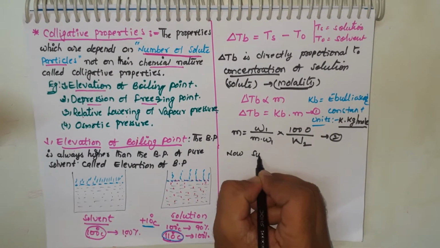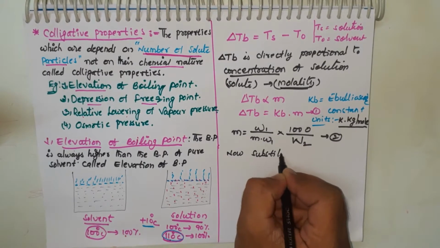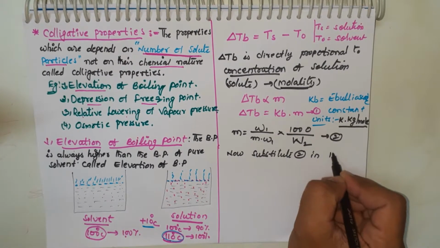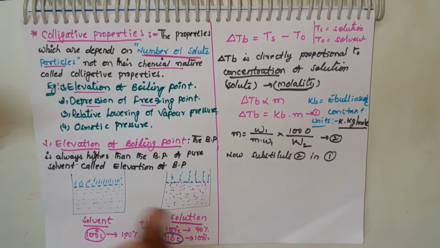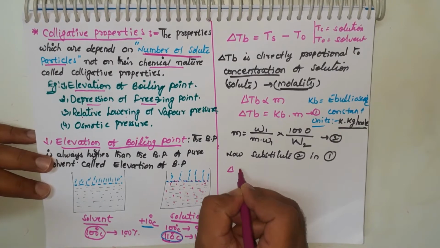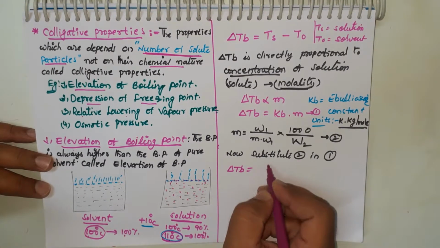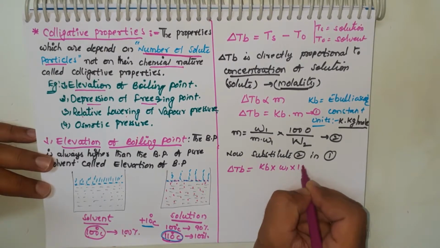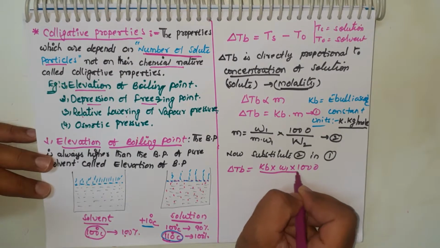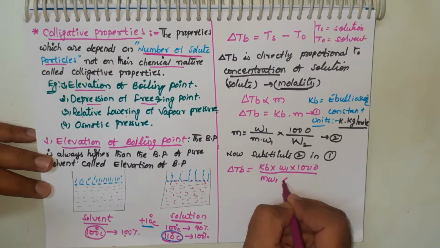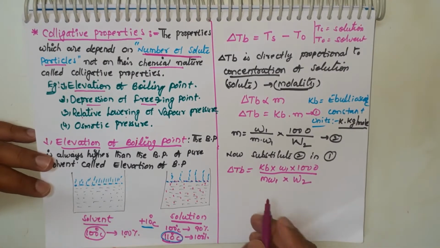Then we get delta Tb equal to Kb into W1 into 1000 by M1 into W2.